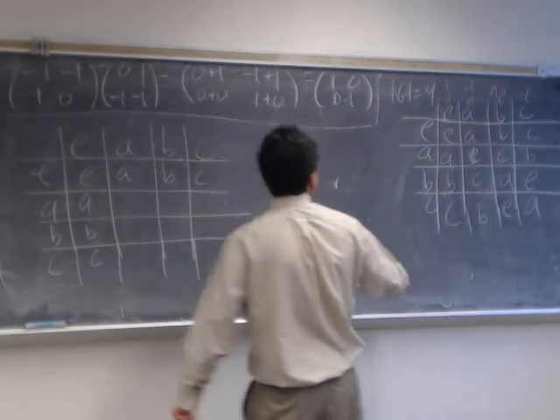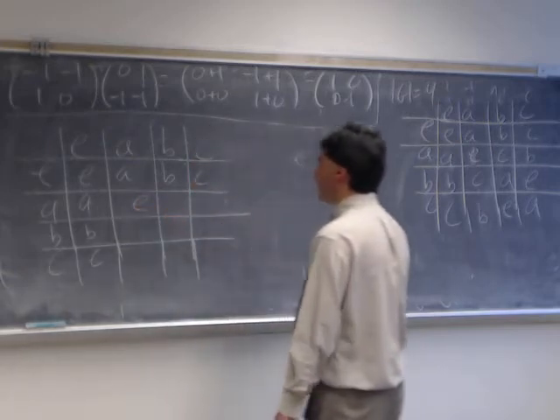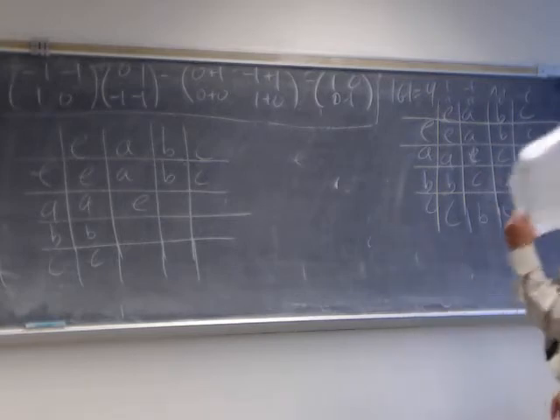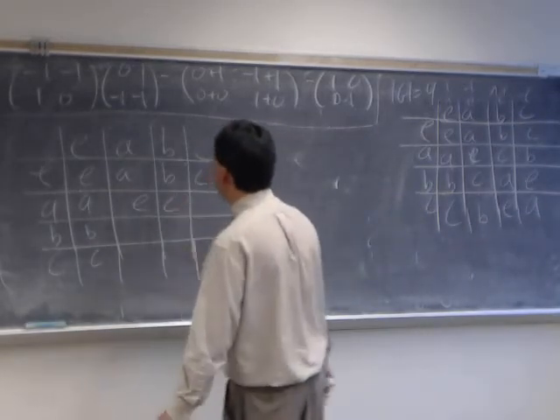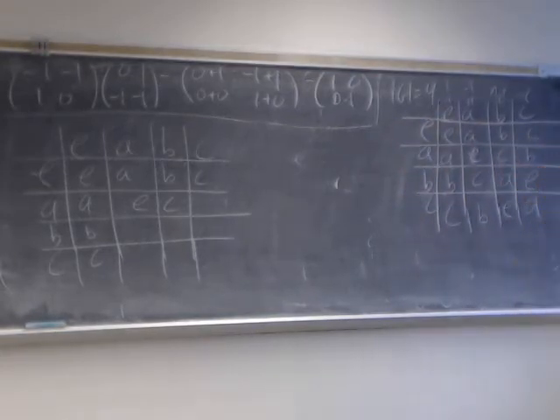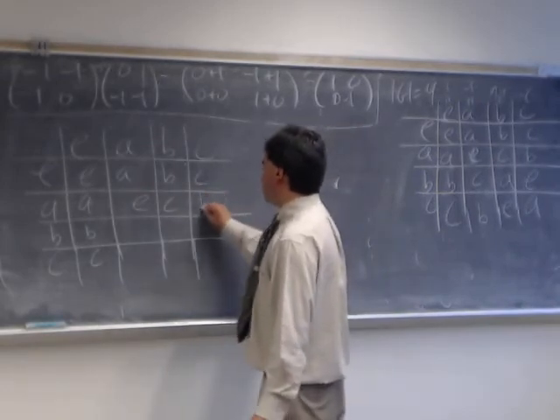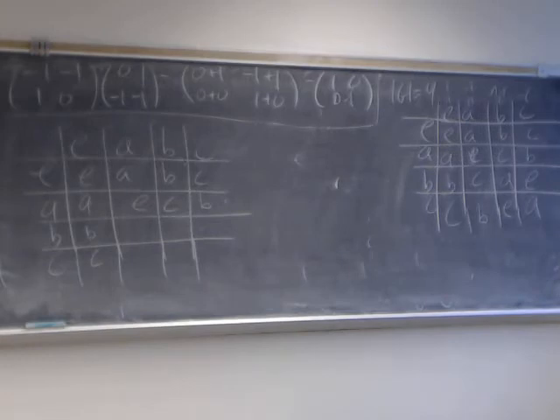Then what if instead of here, okay, I put an E here, so that's okay. And then I can put a C here. And then a B there.